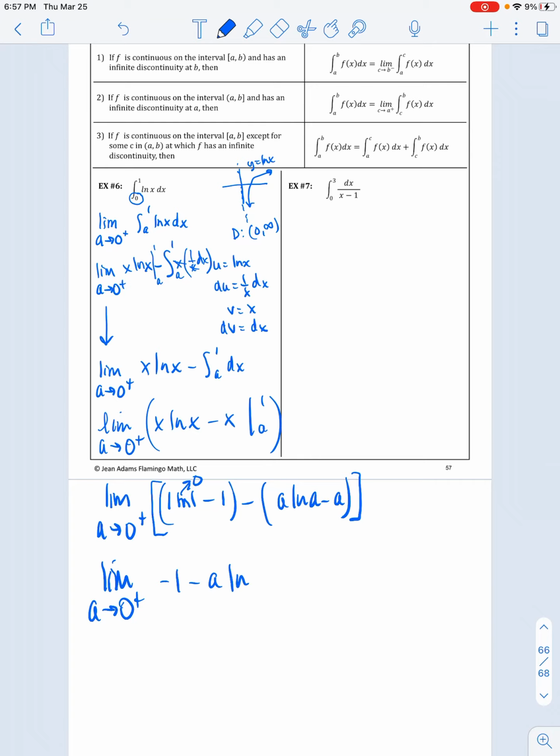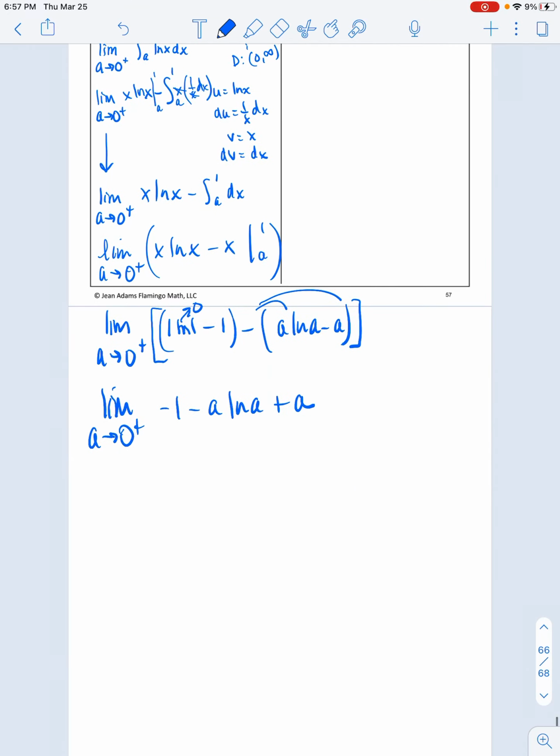Ln 1 is 0, so this becomes negative 1 minus a ln a plus a, because I just distributed my negative there. And so the only thing I can show you is if you put values in, and by the way, this does need to have an absolute value sign on it. I'm sorry that I didn't put that. This does need to have an absolute value.